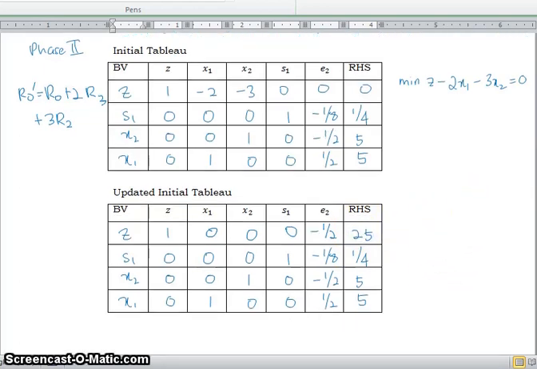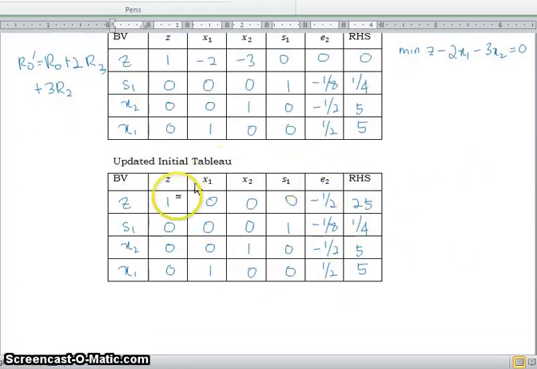Now let's check the optimality of this updated initial tableau in phase 2. Since the objective is to minimize z, we need to make sure that all coefficients in row 0 are non-positive. Since all coefficients in row 0 are non-positive, this initial tableau is the optimal tableau.